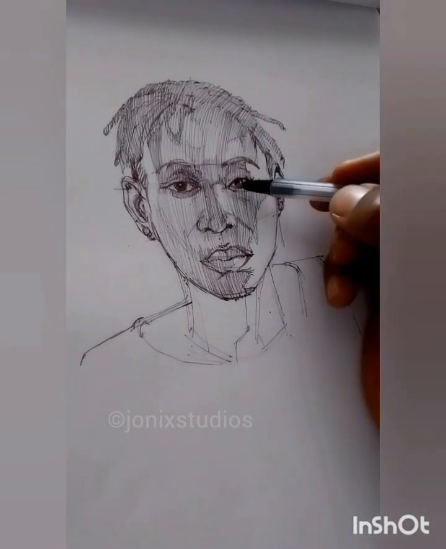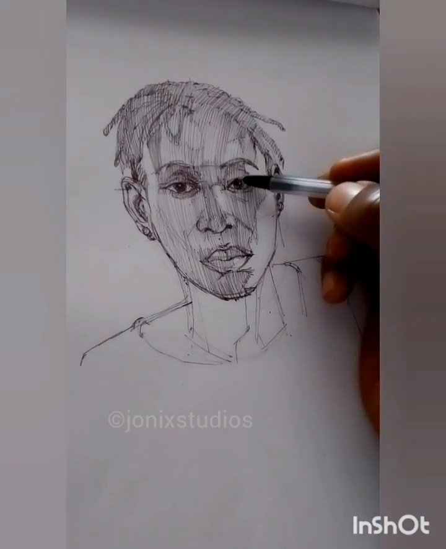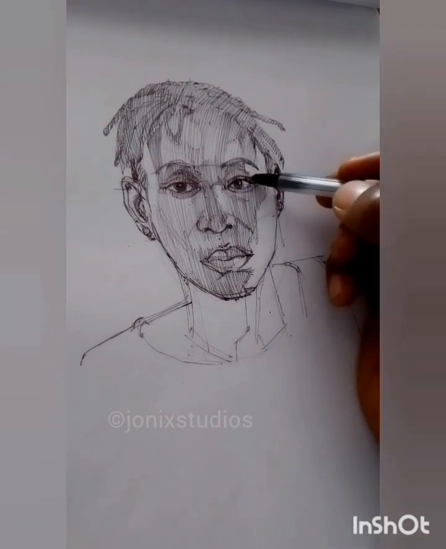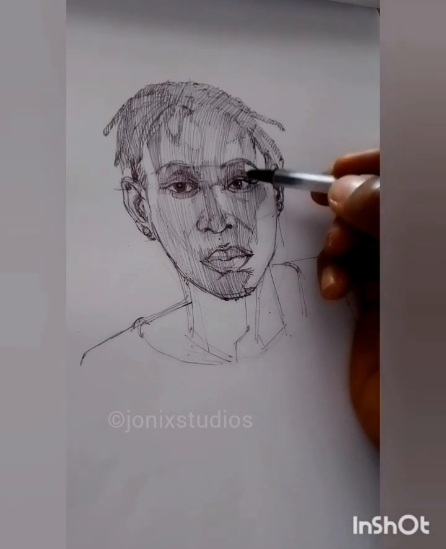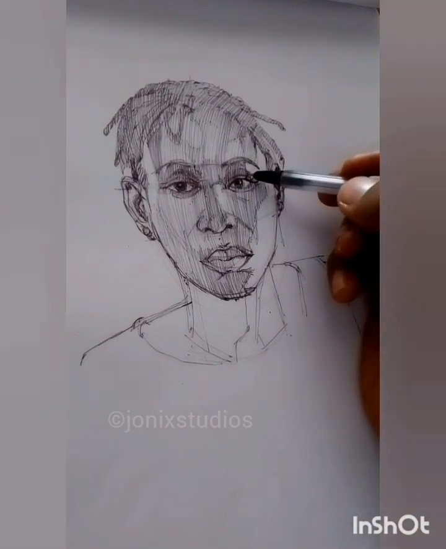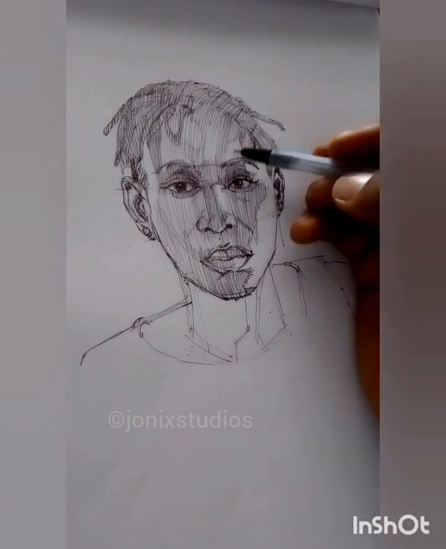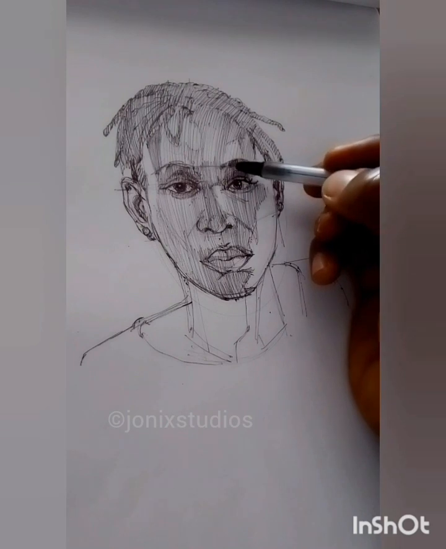That's all I could see from there. Then the second to the upper eyelid, then the darker area of the eyelid before the eyebrow. So I'm shading up the eyebrow now.